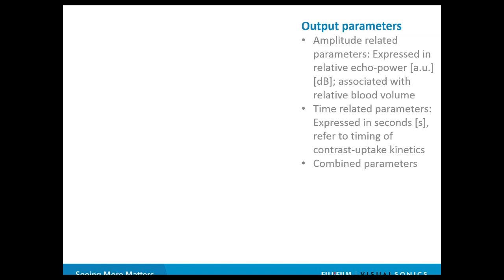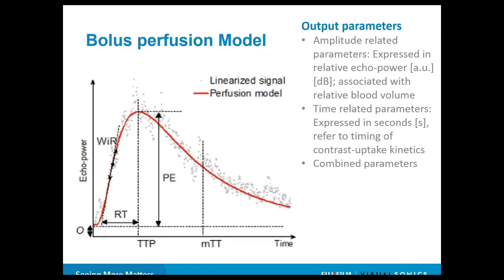Going back to the contrast applications that I showed you earlier, going back to the models, we have the Bolus perfusion model first. And here you can see a schematic of what you expect to see in VevoCQ. You have the linearized signal as gray dots, and you have the perfusion model as the red line.